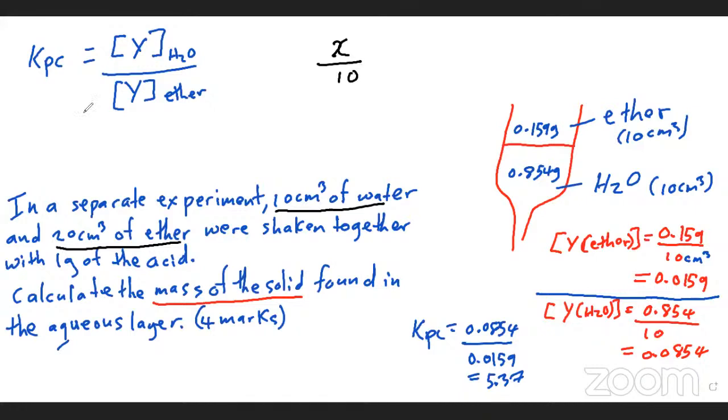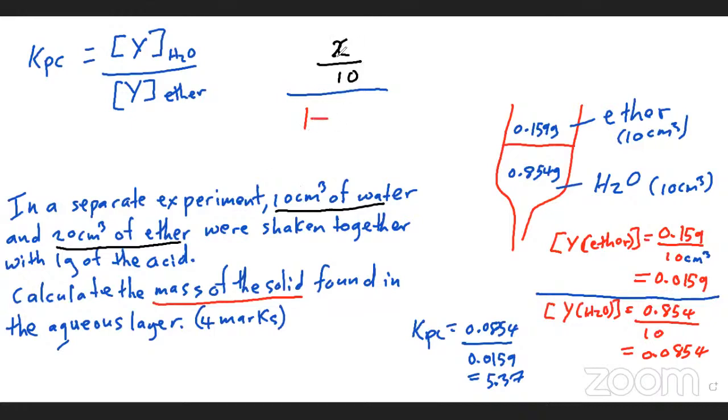All right. Look at the equation here. We have the concentration in the water divided by the amount in the other layer. So you start out with 1 gram of the solid.